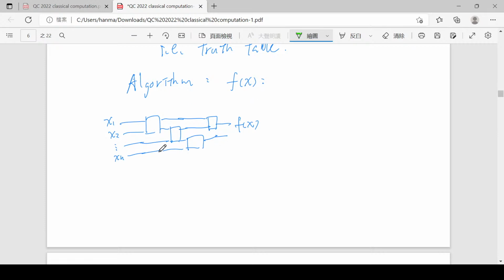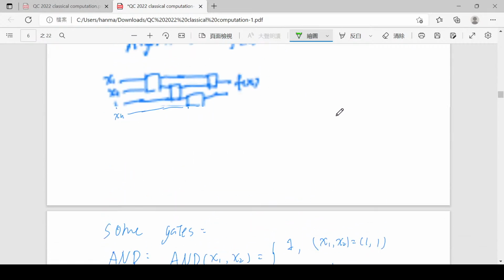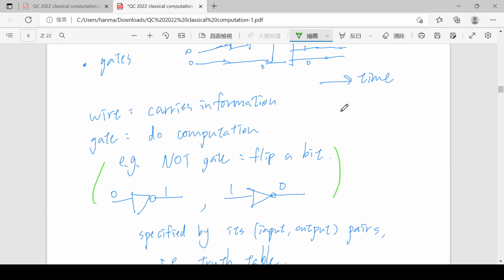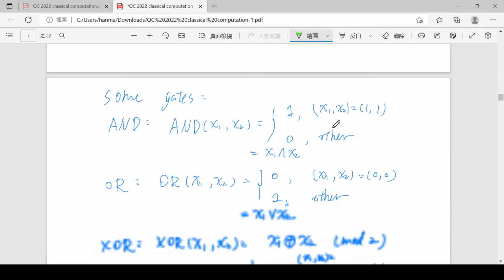And here we use a notation that those bits we also start from top to down. So first bit, second bit, and nth bit. And those wires will go through some gates, and whatever is left over should be this f of x that your algorithm computes. Okay. So that's wires, gates, and algorithm.